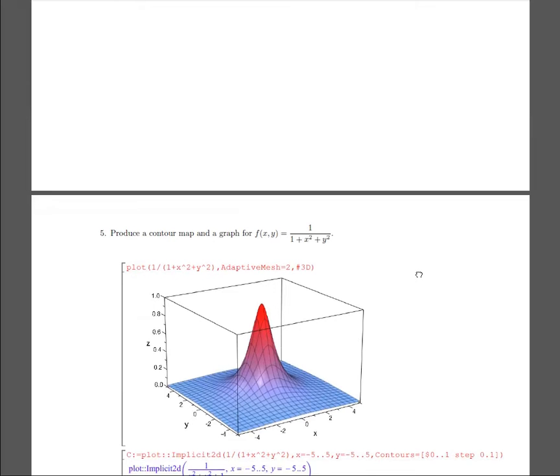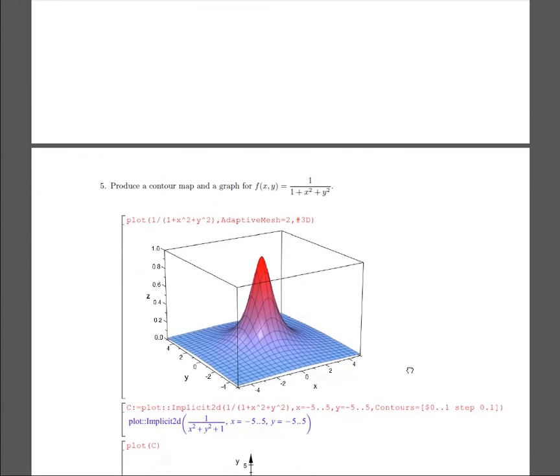So finally, for number 5, we're producing a contour map and a graph. I did the graph first, which I would recommend because you get to see what area you should be taking these slices in. This one turns out to give us a region that goes from z equals 0 to z equals 1. So that's really where we should be taking our contours, is from 0 to 1.